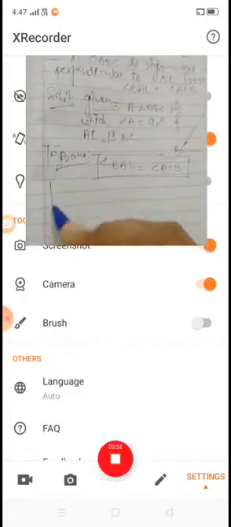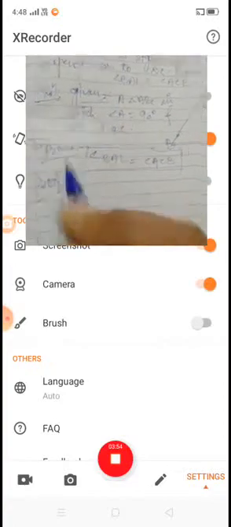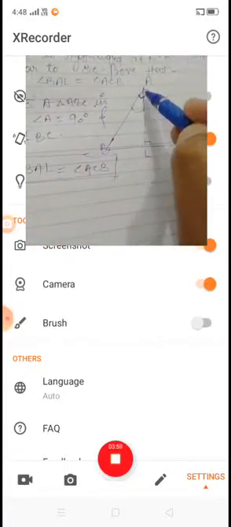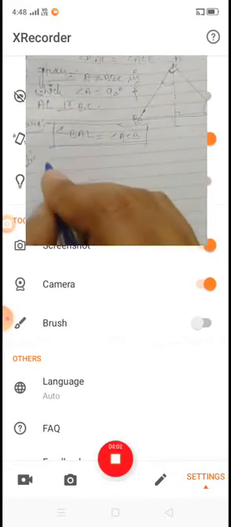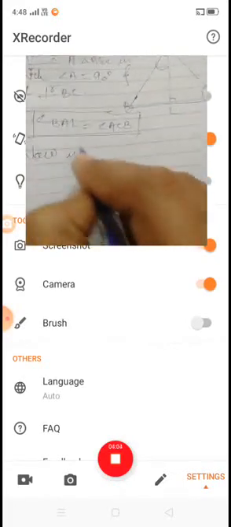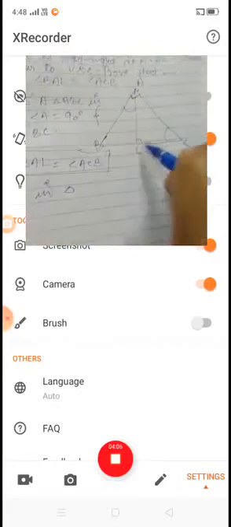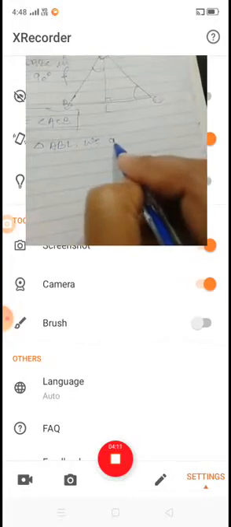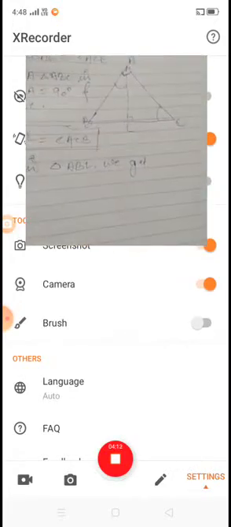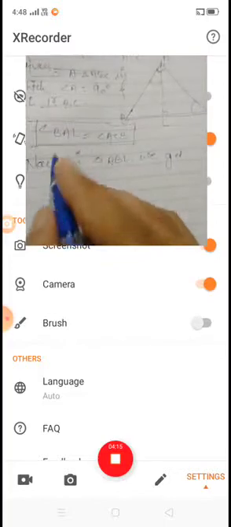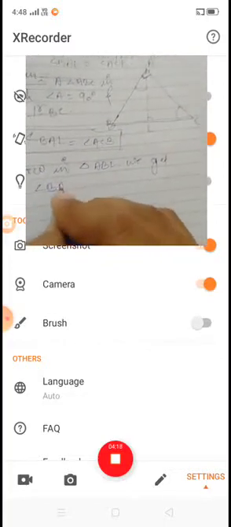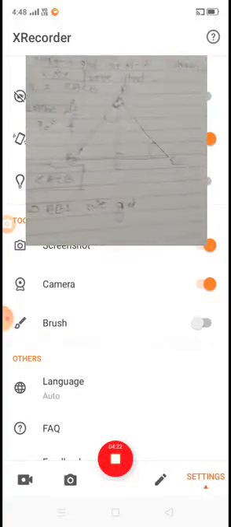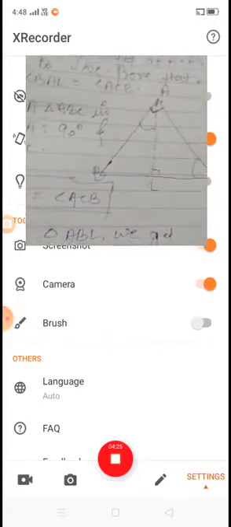Okay, now let's prove it. First, we take triangle ABL. Now in triangle ABL, we use the angle sum property of the triangle, which means that the sum of all angles of a triangle is 180.